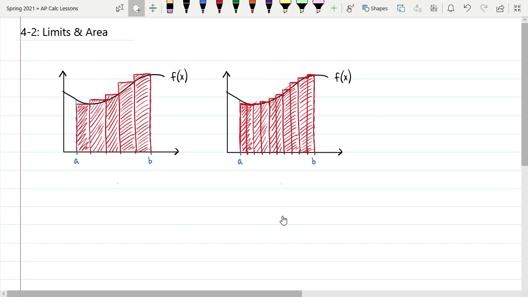So again, the idea is we want the number of rectangles to increase without bound, basically to the point where each of these rectangles is basically just a line, with almost no thickness or no width, and it's just the height. By having rectangles that are that skinny, we'd be able to basically completely cover the area under the curve with no extra at all. So that's the concept behind what we're doing now.